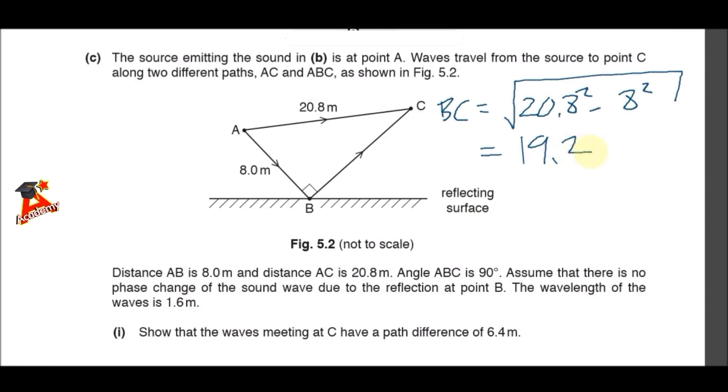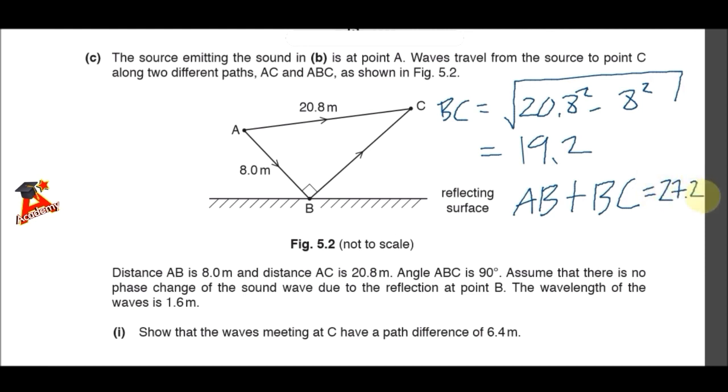So the path of the waves traveling from A to C will be this, and this gives us 8 plus 19.2, which is 27.2.